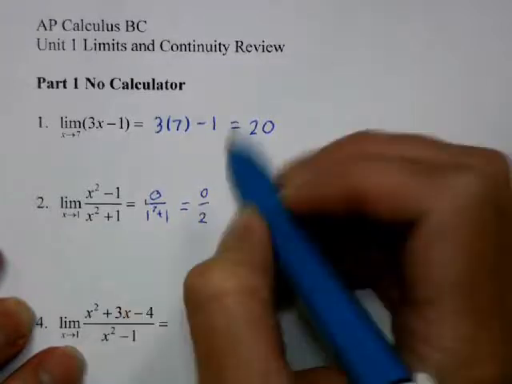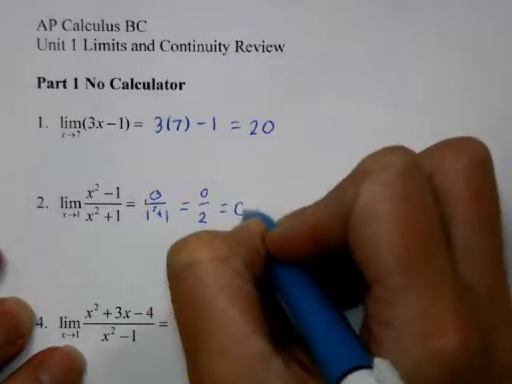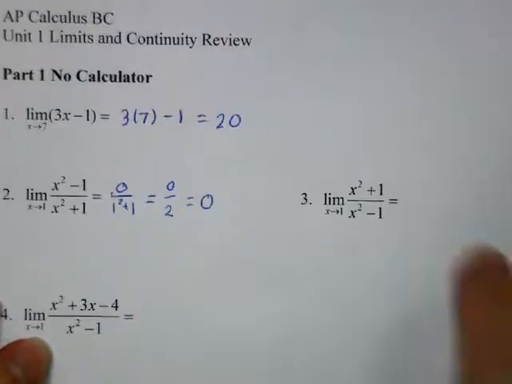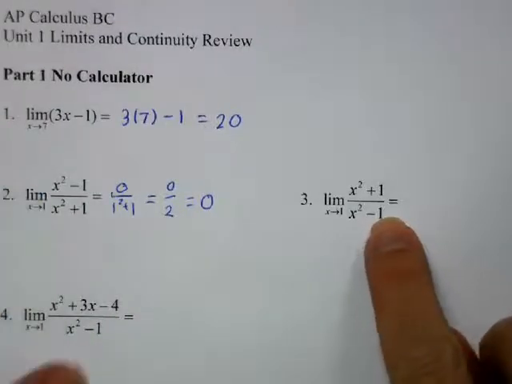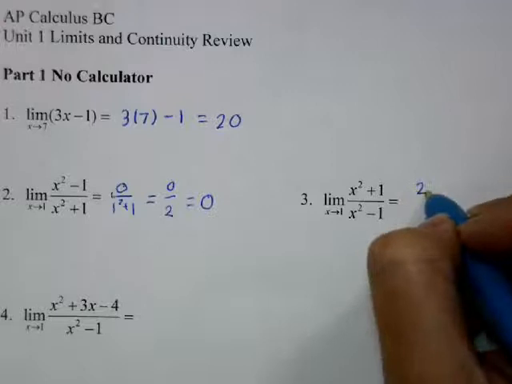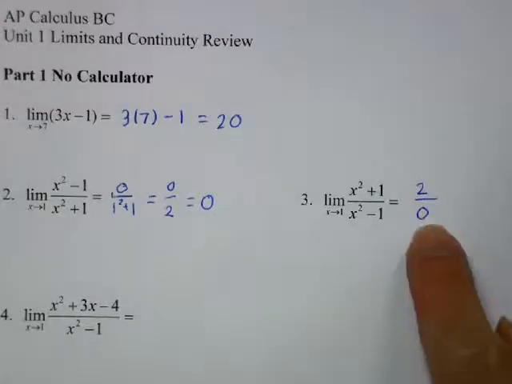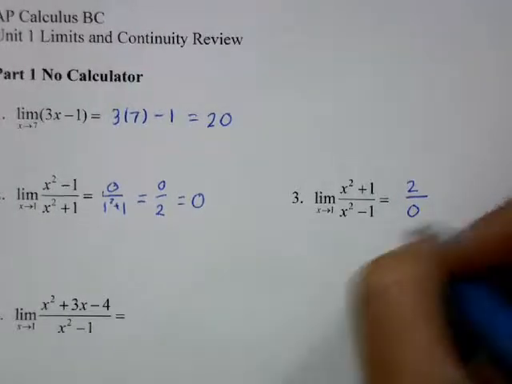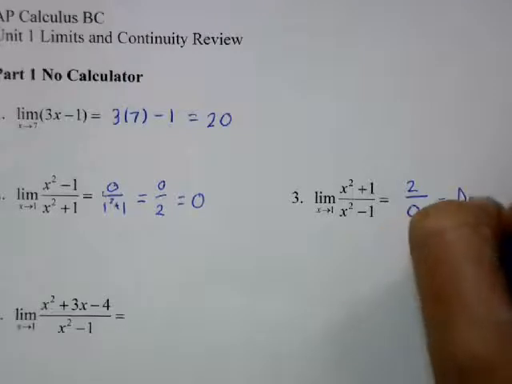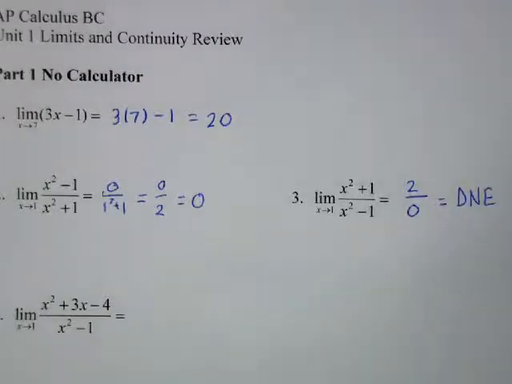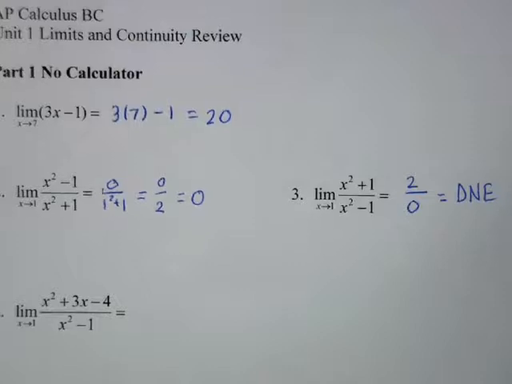So 0 over 2, which is 0. Versus the second one, which is the same thing, just flipped over. So this is going to be 2 over 0. And if we have 2 over 0, that is undefined or does not exist. In fact, there will be a vertical asymptote there.